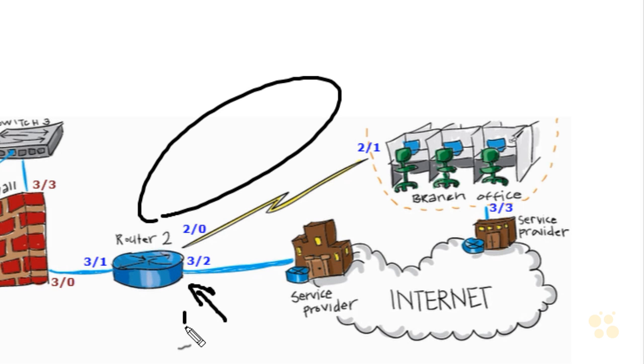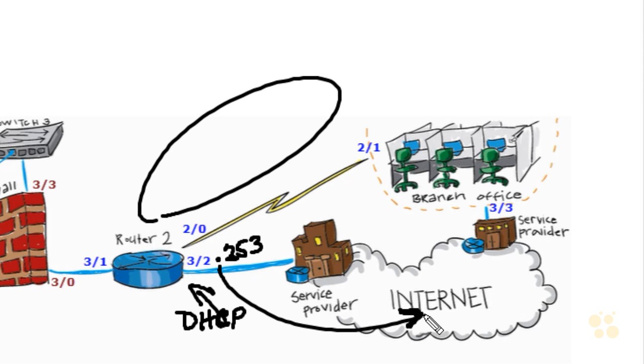And maybe this was assigned via DHCP from the service provider. Or perhaps the service provider told us specifically what IP address to use, and that's what we're using. So let's say we have the IP address that ends in .253. And for our discussion, let's say that that IP address is a globally routable IP address on the internet today.